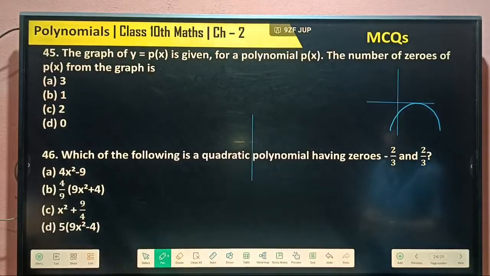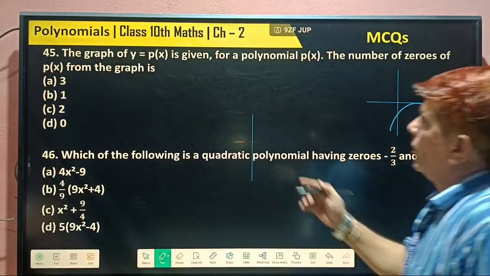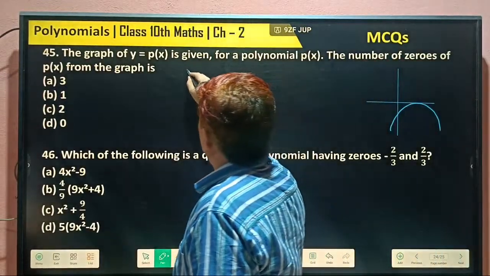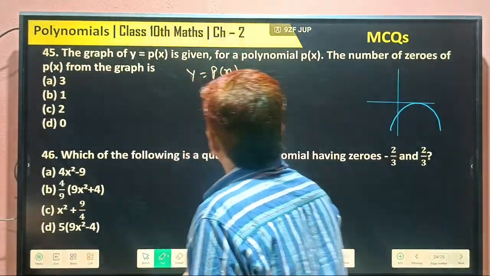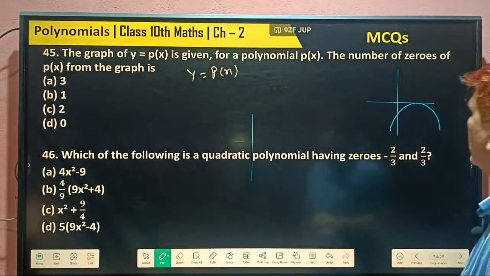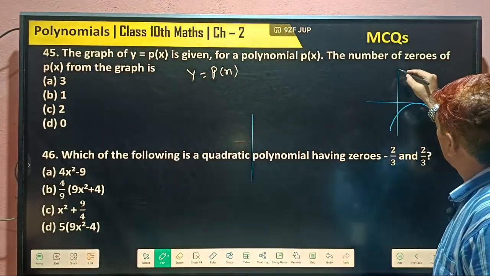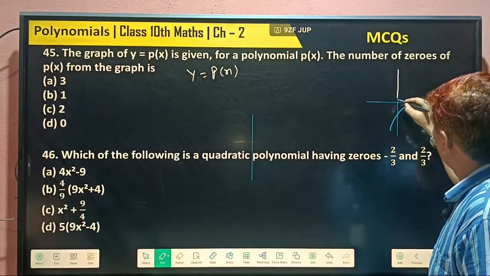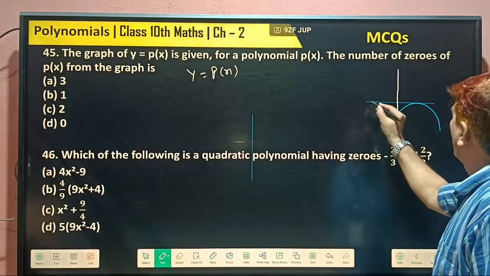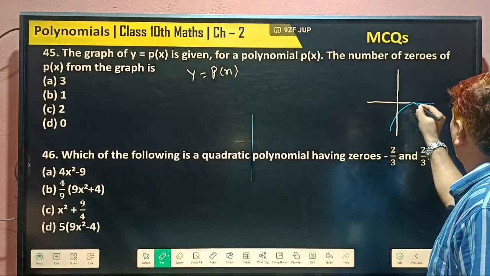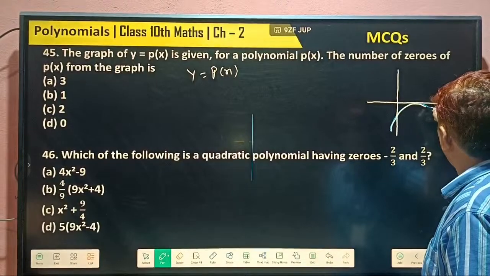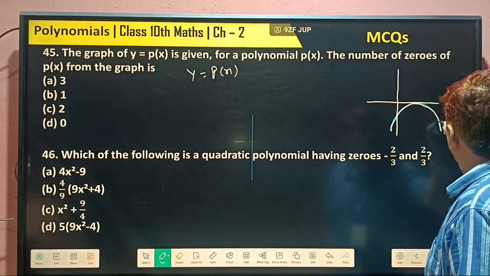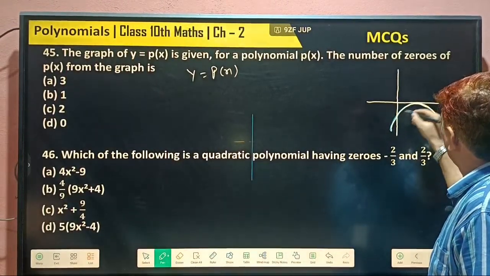What's given? The graph y equal to px is given for this polynomial, and the graph is like this. If you can check this. And this is like this.